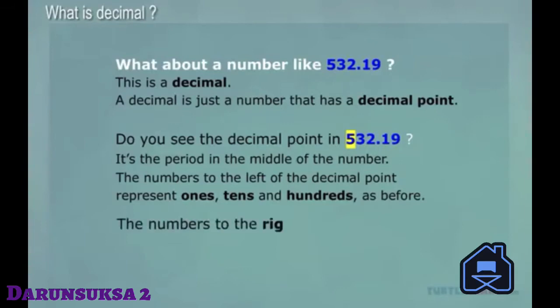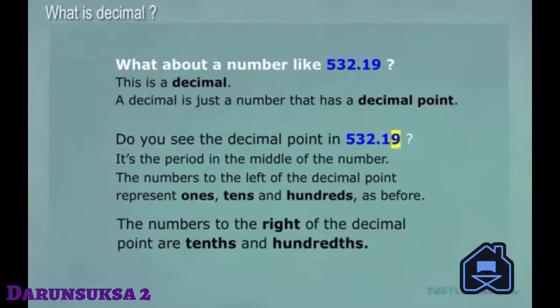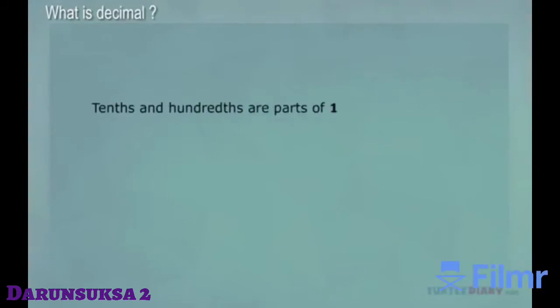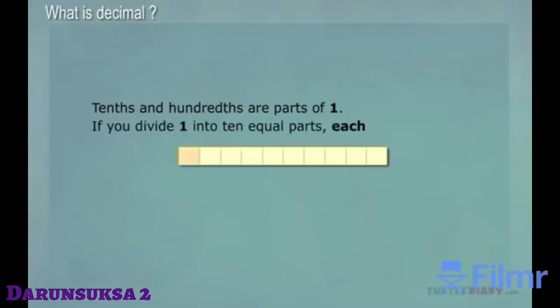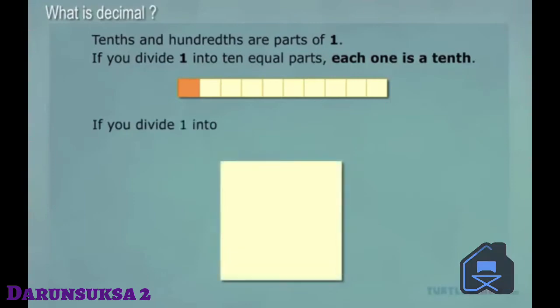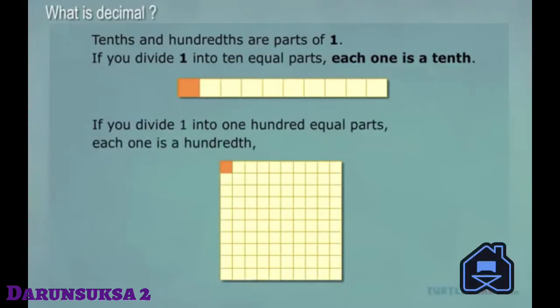The numbers to the right of the decimal point are tenths and hundredths. Tenths and hundredths are parts of 1. If you divide 1 into 10 equal parts, each one is a tenth. If you divide 1 into 100 equal parts, each one is a hundredth, and so on.